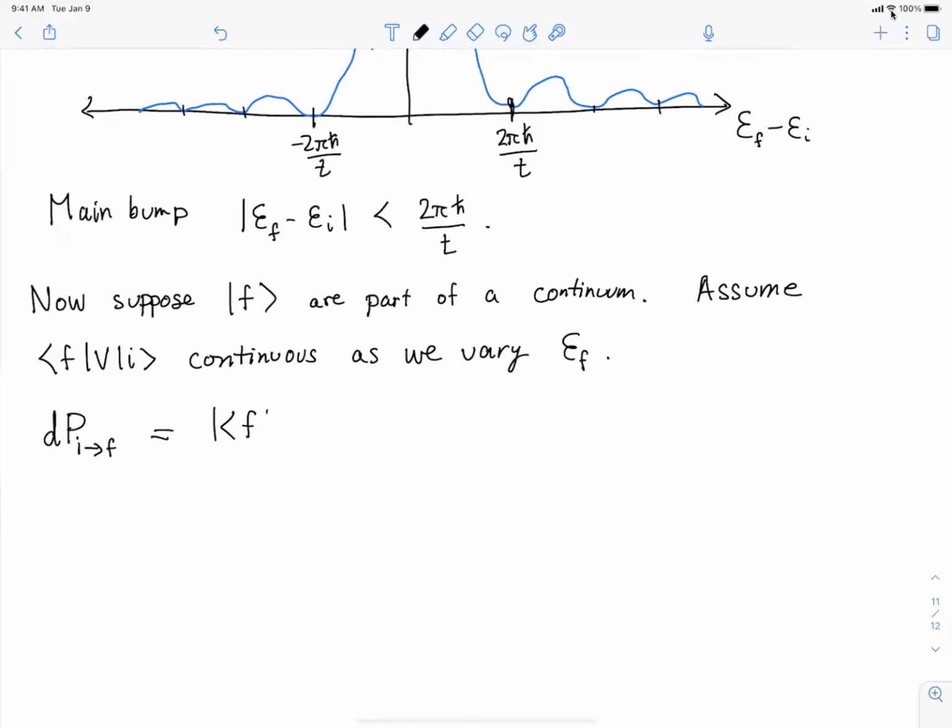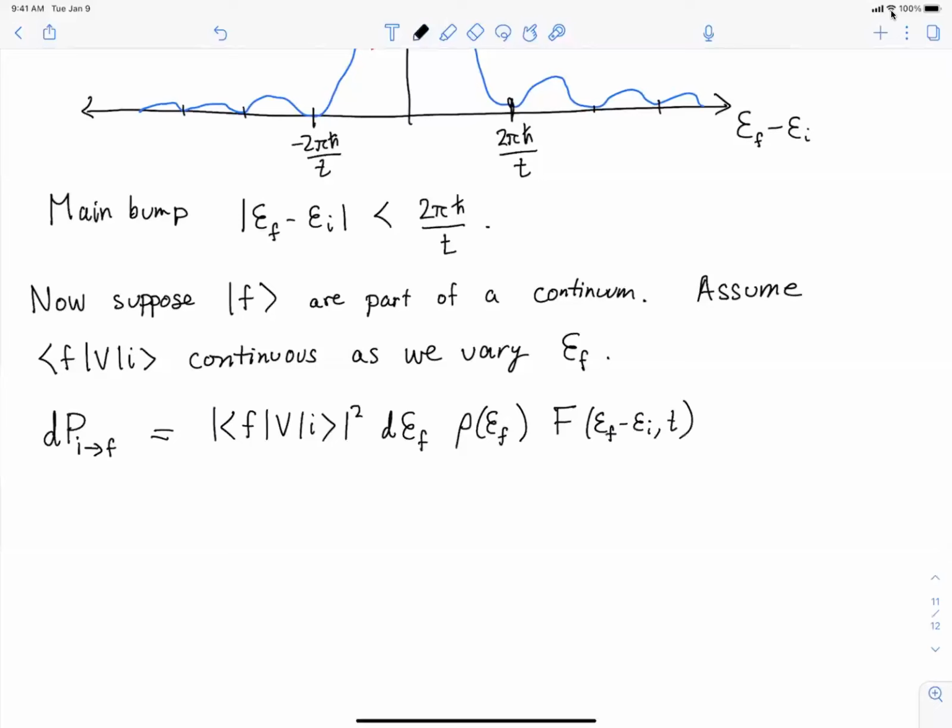Okay, but it's going to look like the same formula, except that now I'm going to be integrating over my continuous energy times the density of states. Okay, and then I've got my F function, like so.